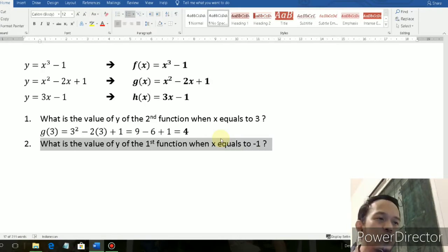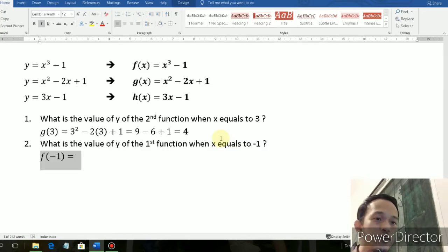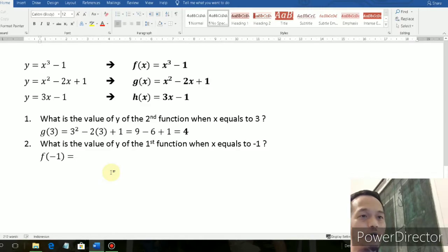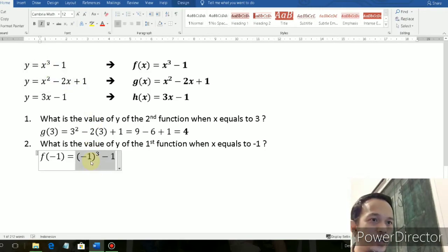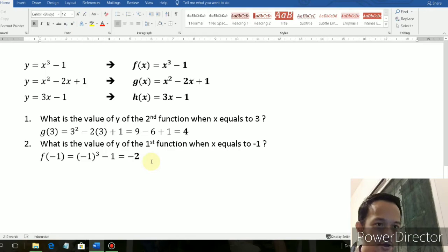I can shorten this question into f of -1. So I'm just using the first function and I substitute x by -1. When I execute it, with simple arithmetic, you will find it is -2.